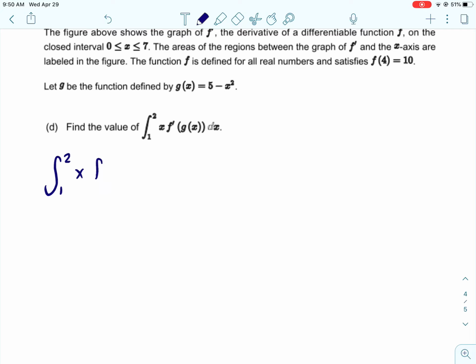All right, and then for this last one, we're going to find the value of the integral from 1 to 2 of x times f prime of g of x dx. Whew. Okay, so let's go ahead and just fill in g of x.